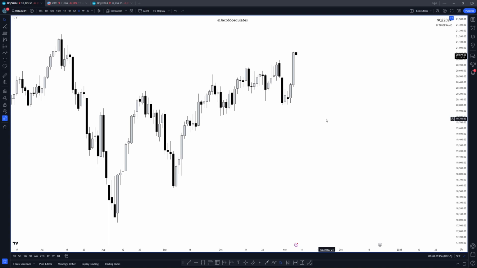So it's just lower probability. It's 50-50 from what I've seen and what I've got written down. Best case scenario is that SMT forms during news.